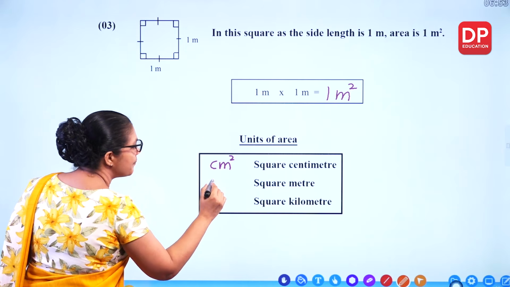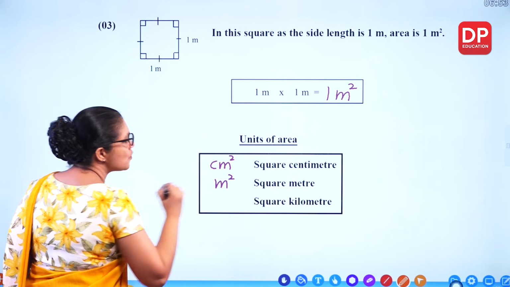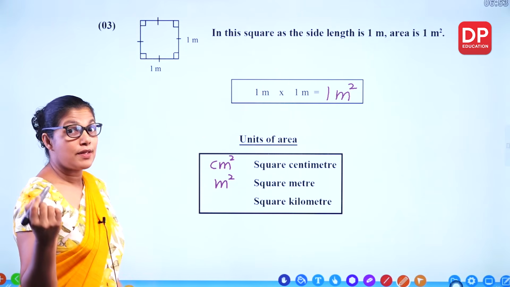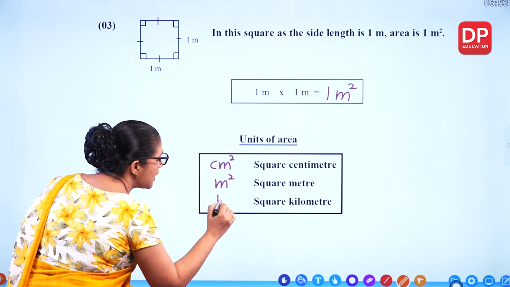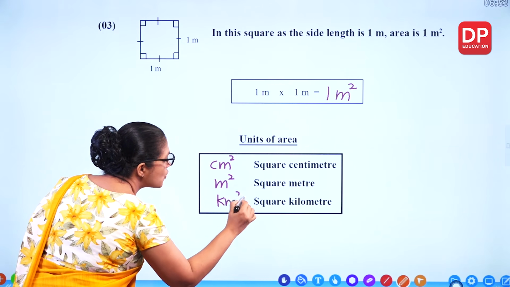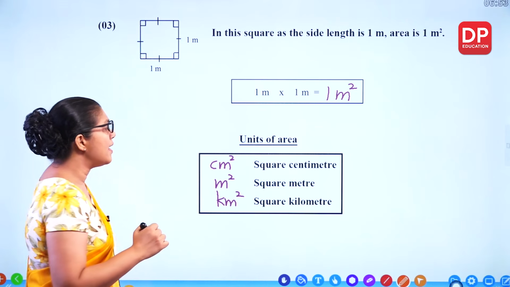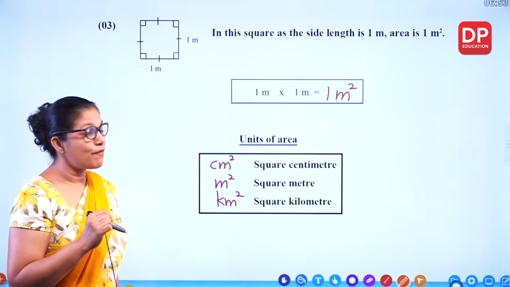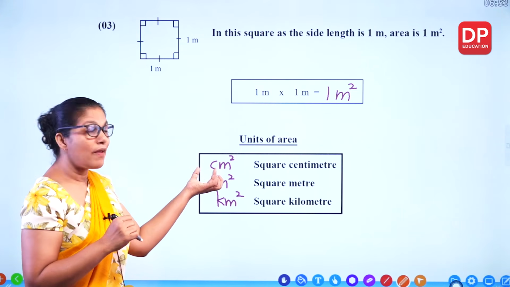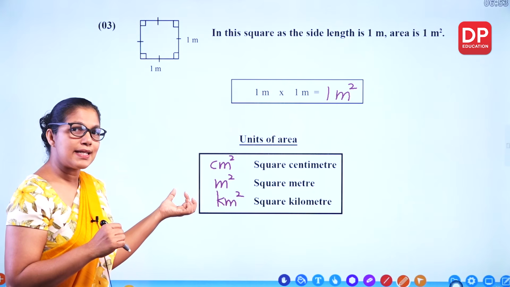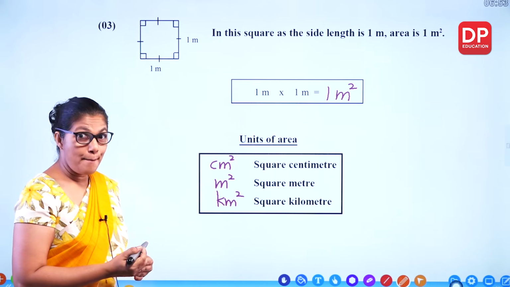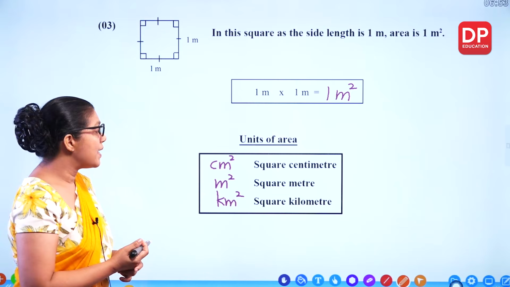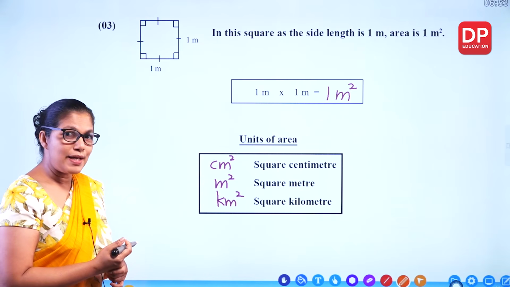Square meter, m squared. And if it's a big area, square kilometer, km squared. These are the units we use for area. If it's a small one, square centimeters. Bigger than that, square meters. And a very big one, square kilometers.